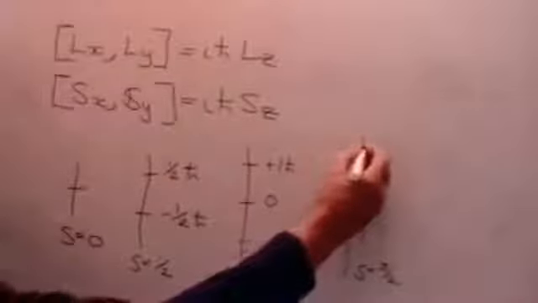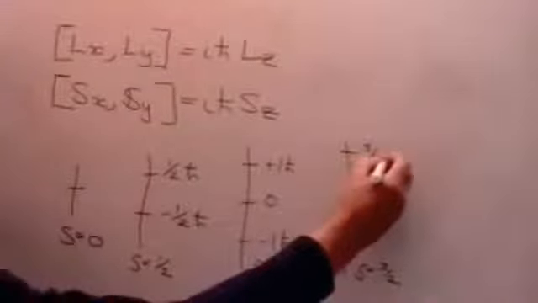This is for composite particles that we'll meet a bit later on. And here we've got a possible 3 over 2 h bar, half h bar, minus a half h bar, and minus 3 halves h bar. And once again, you'll notice that each of those are h bar apart, but there are now 4 states.